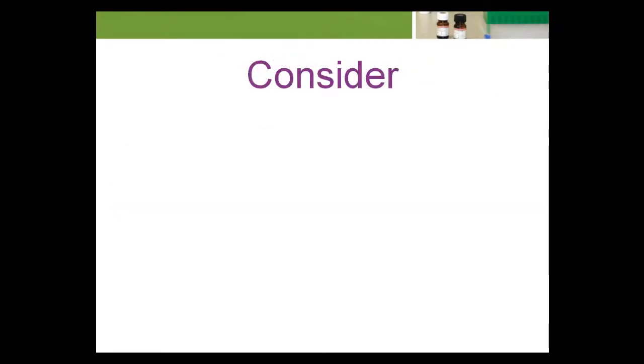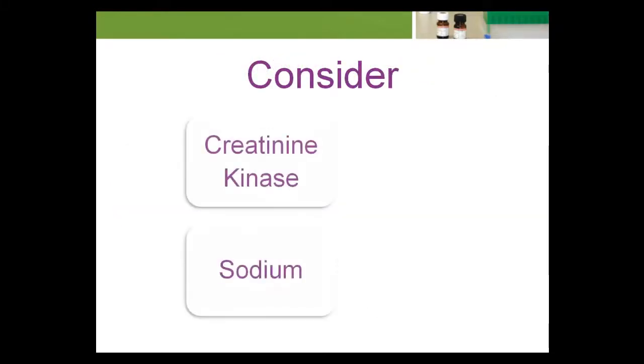Let's consider two scenarios: creatinine kinase and sodium. Do these two analytes need to be controlled the same way? It's generally agreed that creatinine kinase has a quality specification of plus or minus 30%. The quality specification of sodium is much tighter, generally less than 3%.